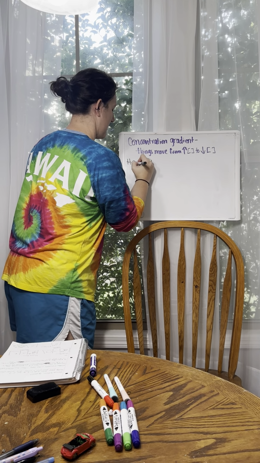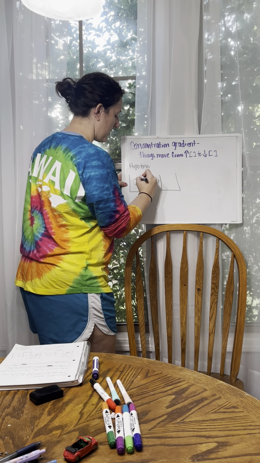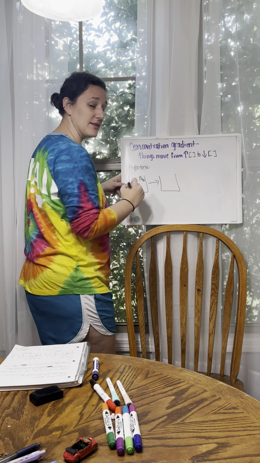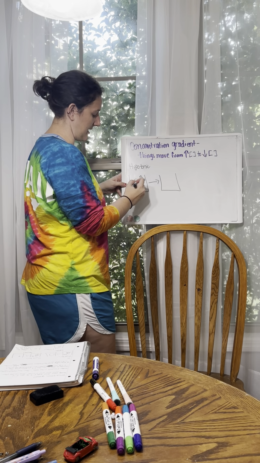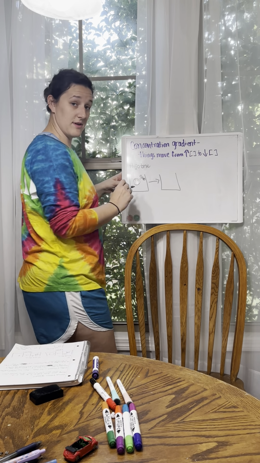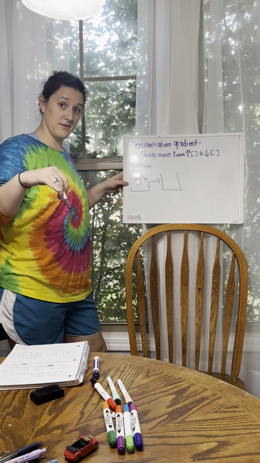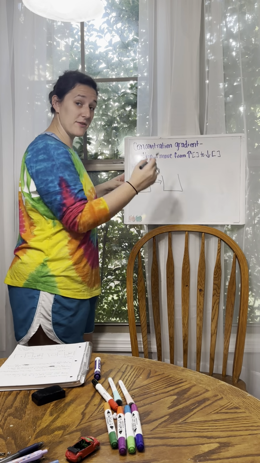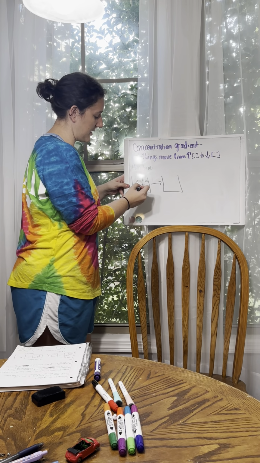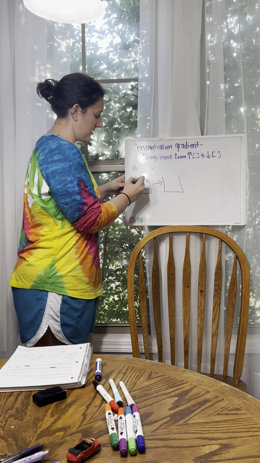It goes into a hypotonic solution, which means there's more water outside the cell than there is inside the cell. So you're going high to low. So that water from outside the cell is going to rush into the cell to try to equal out, because you want equal concentration of water inside and outside to have equilibrium.